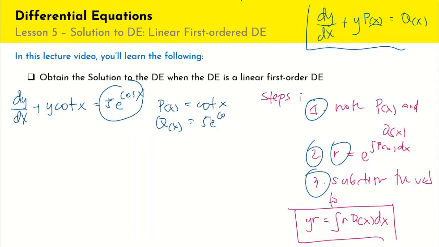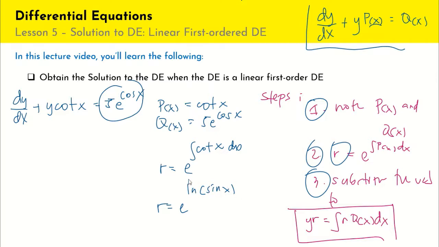Now, what is our r? R is equivalent to e raised to integral of cotangent x dx. Okay? So, now, titingnan nyo yung inyong integration tables. Mapapansin nyo, ang integral ng cotangent x ay ln of sine x.